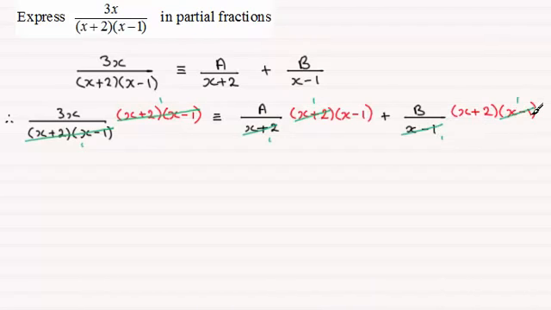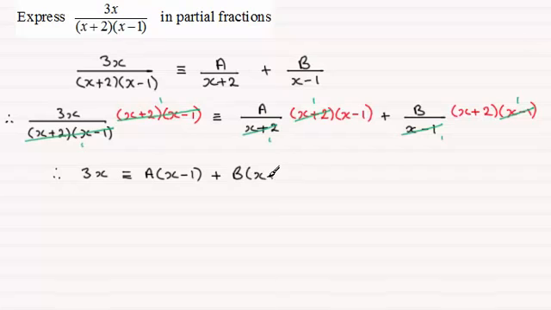So what we're left with, and this is what I'd normally go to straight from the previous line, is that therefore 3x is identical to A times (x - 1), plus B times (x + 2).